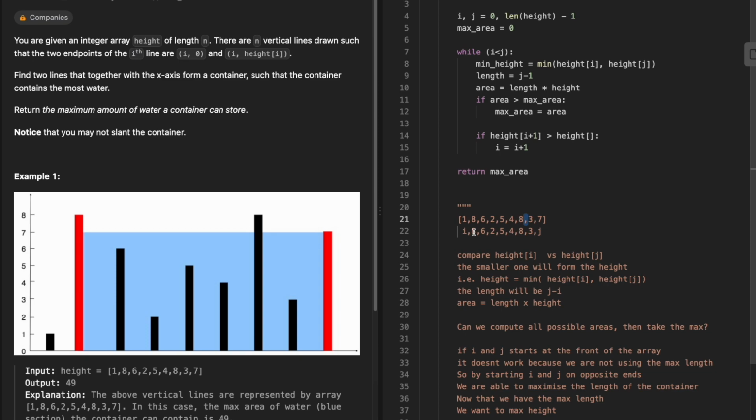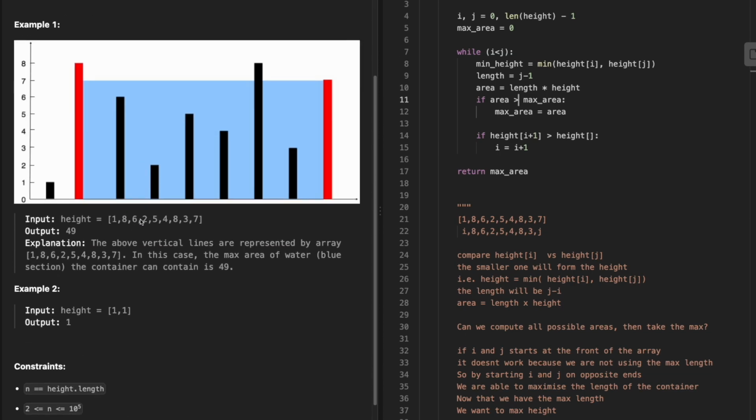Right, so we have a height of i can be a very, very big number, right?